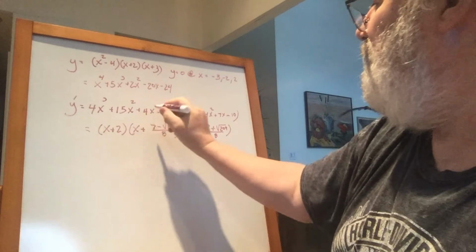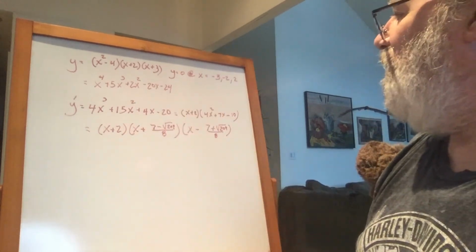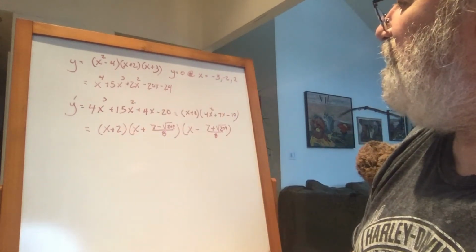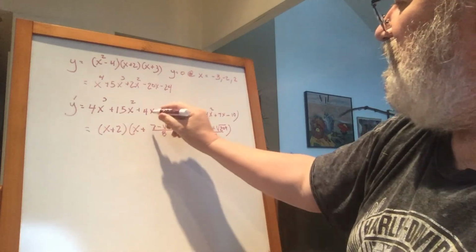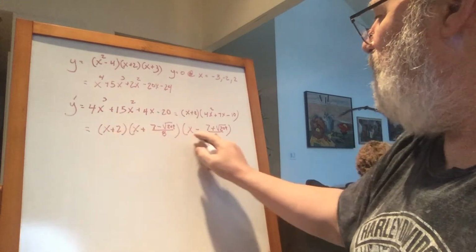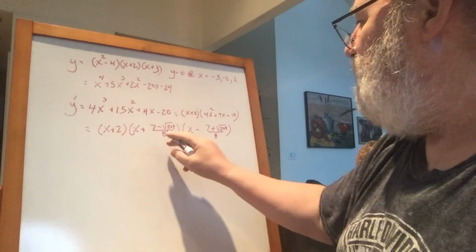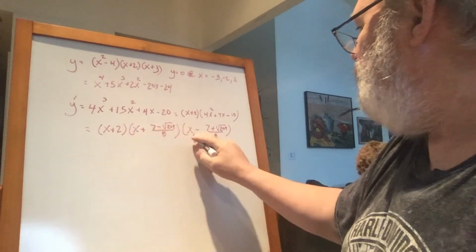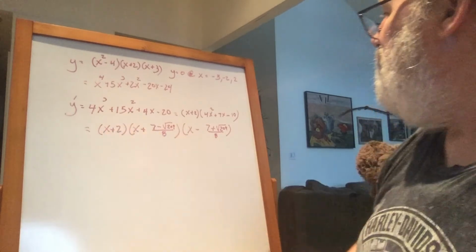And those are the factors for this equation. You can see it's a third order, and these are the zeros, okay?